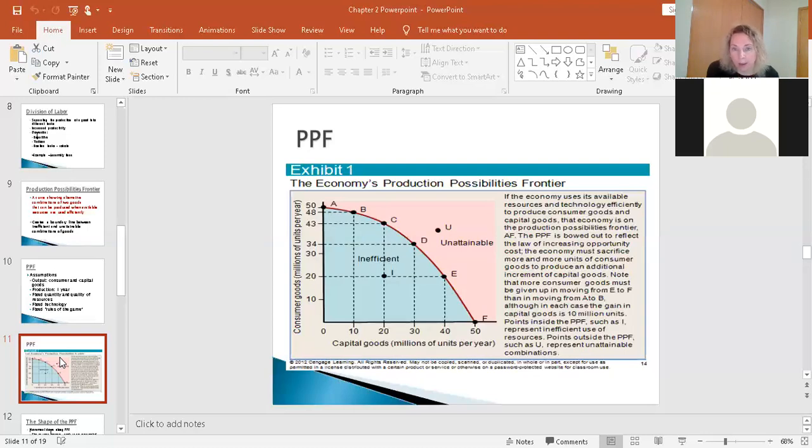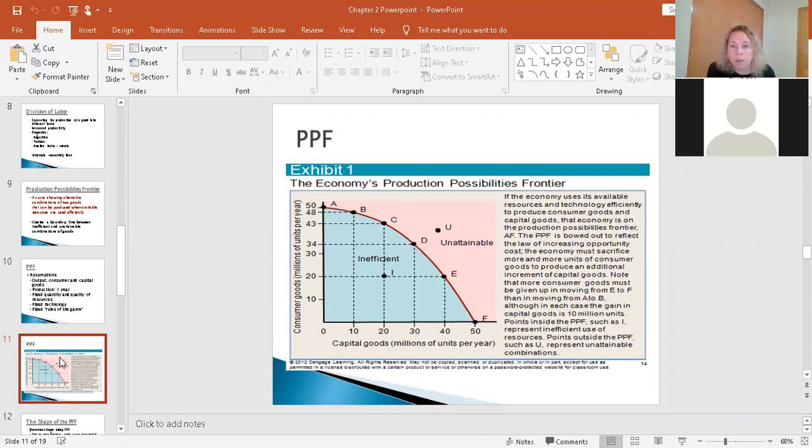There is no way that here in the United States or in any other economy, as the case may be, that we are producing perfectly efficient. I don't think there's any, and I say this, and I might be wrong, but none of the big economies are producing along their PPF. It's impossible to be perfectly efficient and not have any waste.